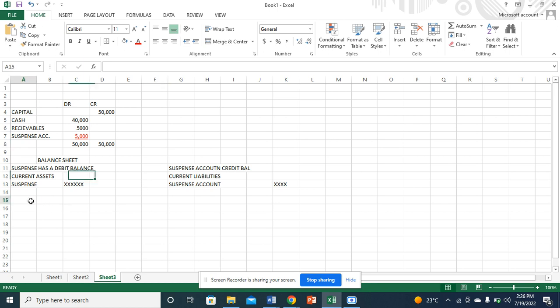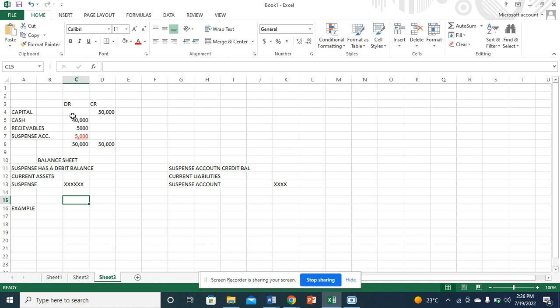Okay, so we're going to look at an example. So remember, the errors we're looking at here, they're only one-sided errors, all right? These are the errors that affect the trial balance.